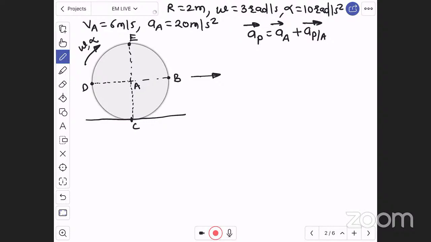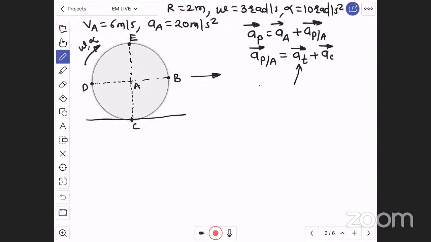And the acceleration of any other point with respect to the center point has two components. One is the tangential component and the other is the centripetal component, also called the radial component.